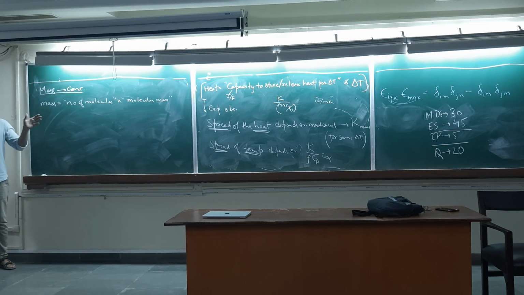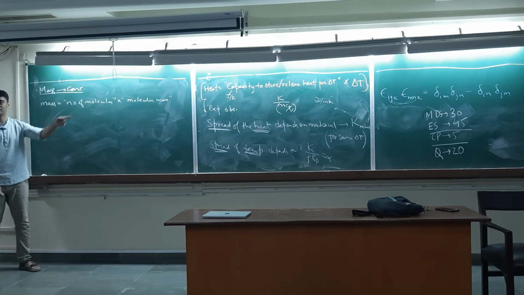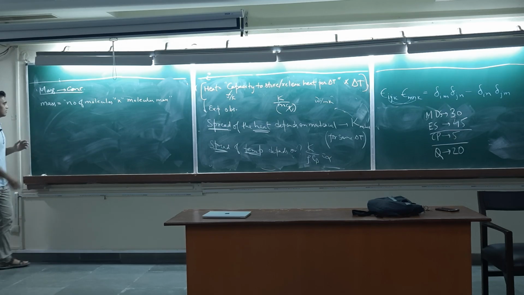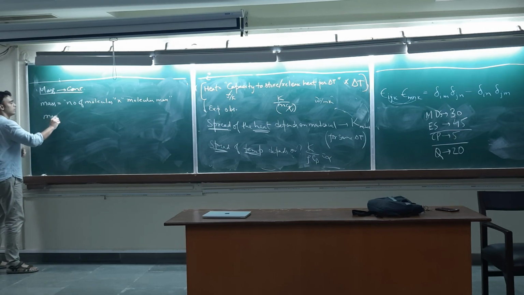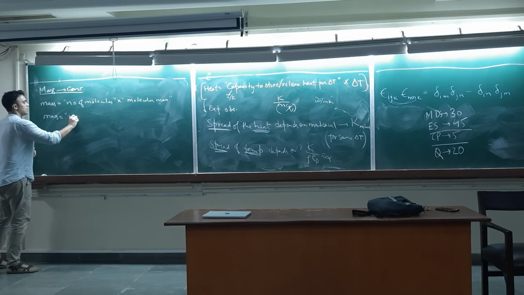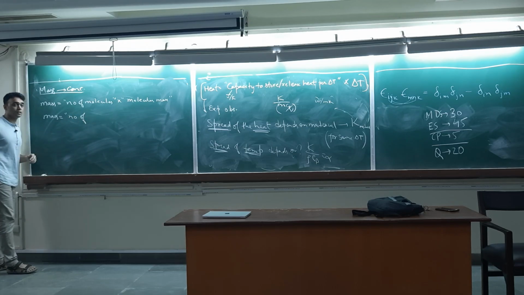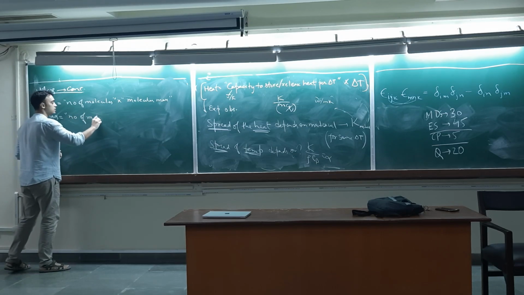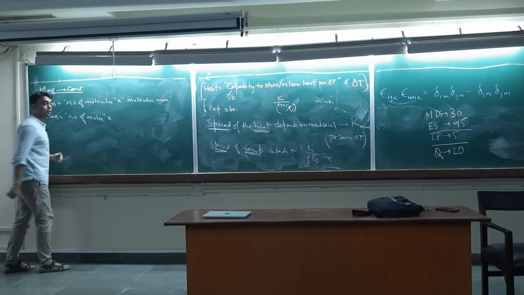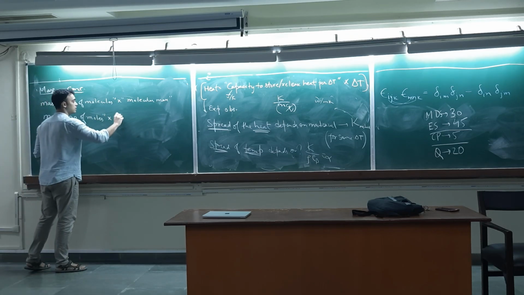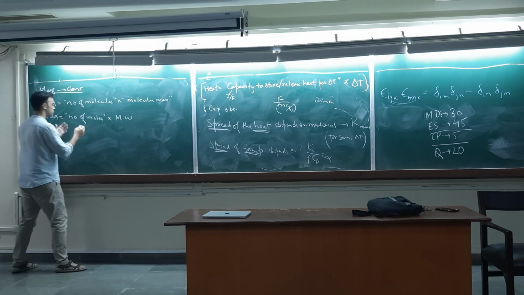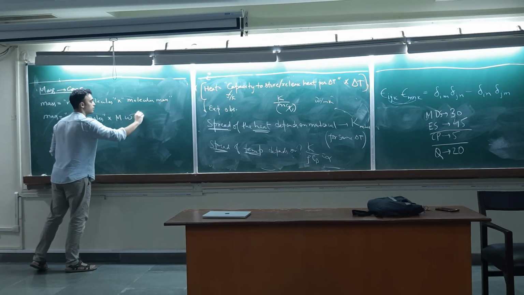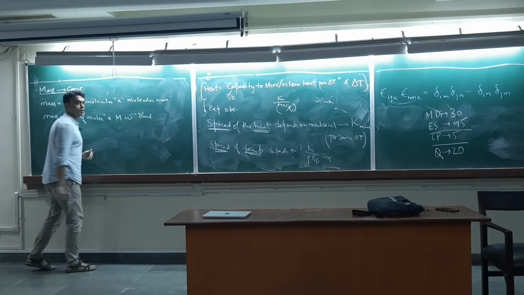But there is another definition nowadays we write. We don't really write number of molecules, right? Because of one guy named Avogadro. So what do we write? Number of moles into the molecular weight, and this is usually in gram per mole.